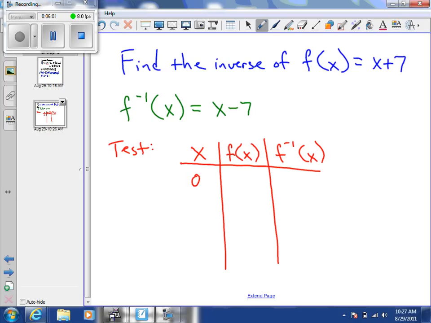Just to keep it simple, we will do 0, 1, and 2. When I plug 0 into the original function f, 0 plus 7 is 7. I put in a 1, 1 plus 7 is 8. And 2 plus 7 is 9.